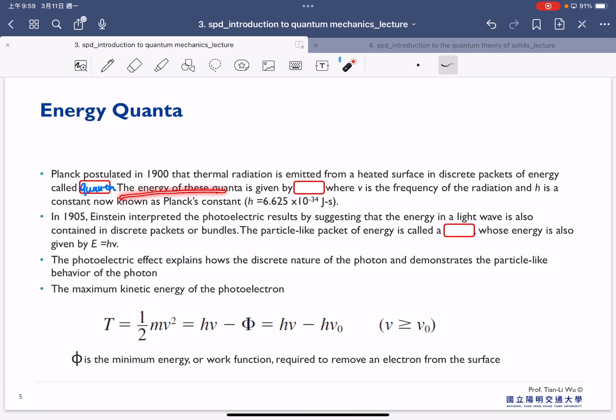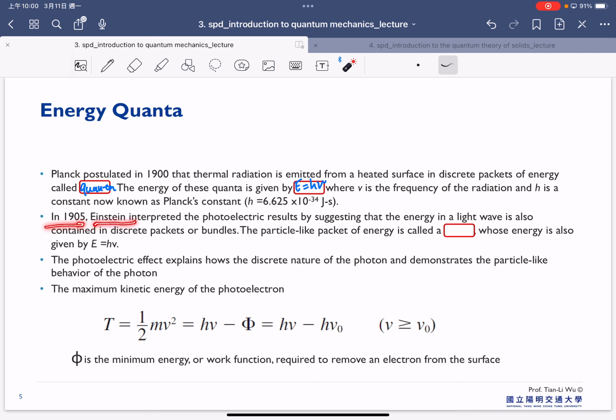The energy of this quantum is given by E equal to hν, where ν is the frequency of radiation and h is known as the Planck constant. I think that should be something you also learned from modern physics or general physics in the undergraduate.